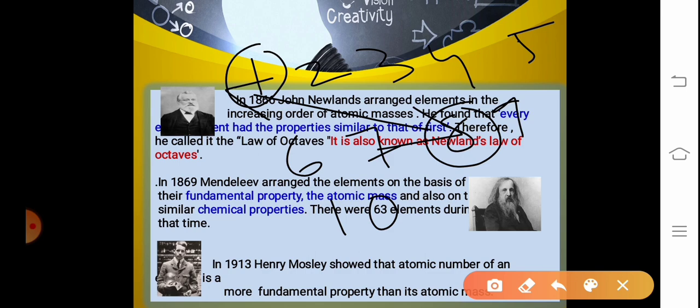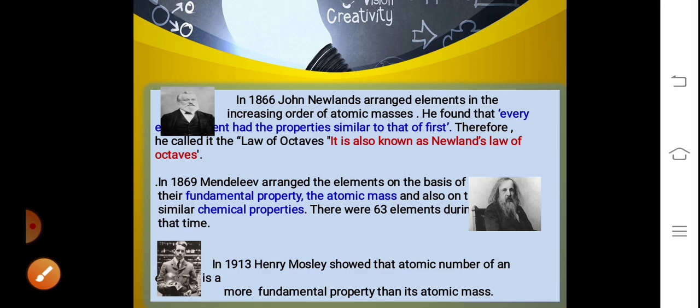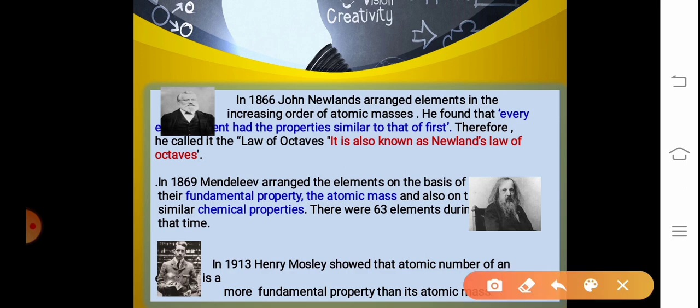Followed by that, in 1869, another scientist by the name Mendeleev arranged the elements based on their fundamental properties, atomic masses, and also similar chemical properties. He arranged the elements on the basis of atomic mass and chemical properties. How the chemical properties?